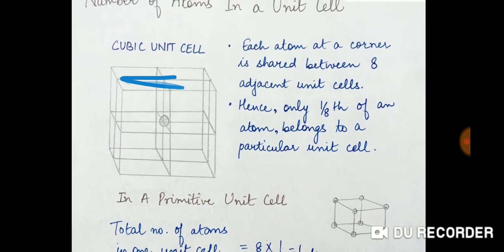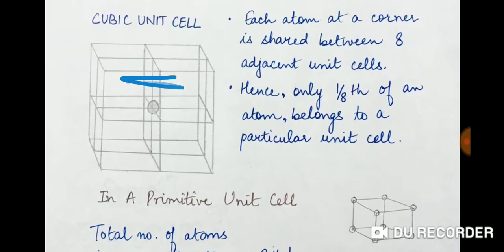Now if I ask you what volume of this atom is included in one unit cell, that would be 1 divided by 8, because we have one atom and that is present in 8 unit cells. So 1 by 8 volume is present for one unit cell. Therefore, we conclude that each atom at a corner is shared between 8 adjacent unit cells, and hence only 1/8 of an atom belongs to a particular unit cell.